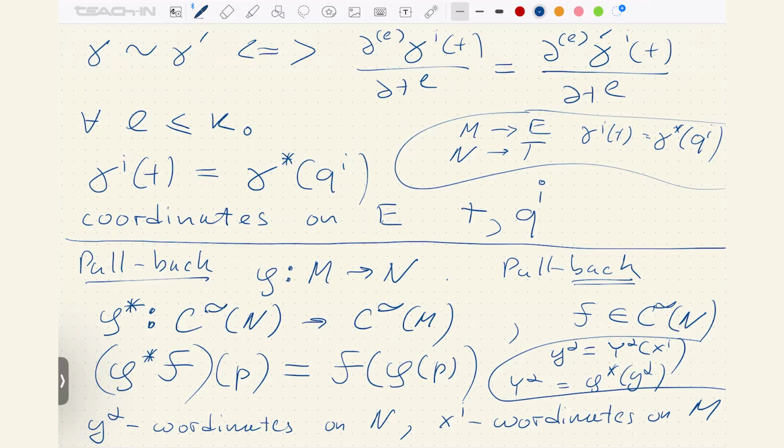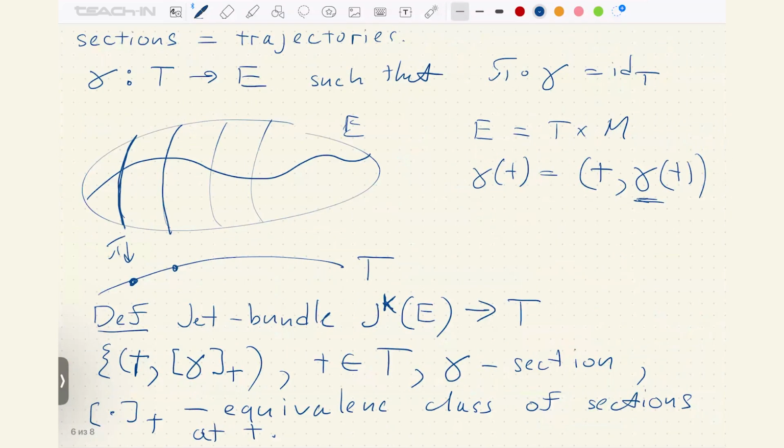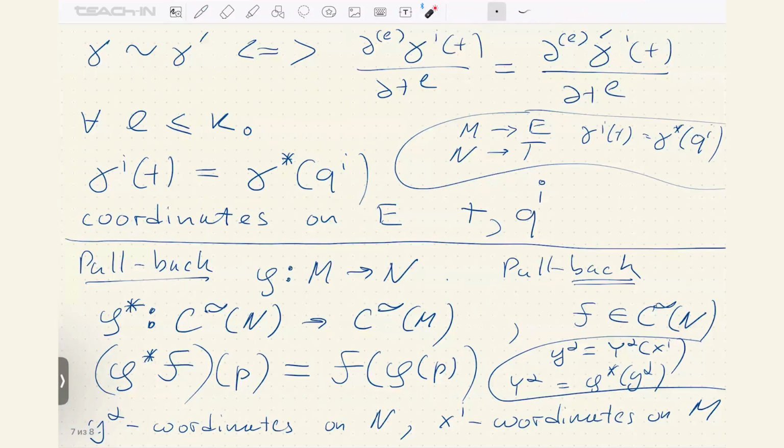So what we defined? We defined our jet bundle to be a bundle, again over the same base manifold, which is the timeline in our case, and whose fiber, this second member of the pair, is an element of the fiber. It's an equivalence class of sections, and the equivalence is such that these derivatives coincide at t naught, a particular point.